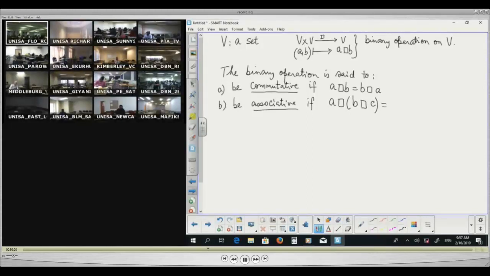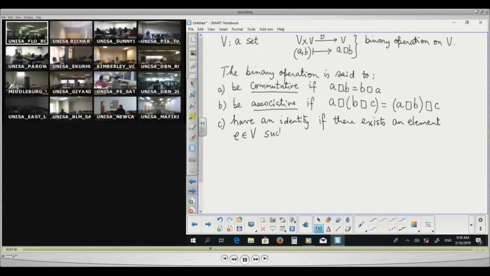And some names given to a binary operation. Let's see examples.